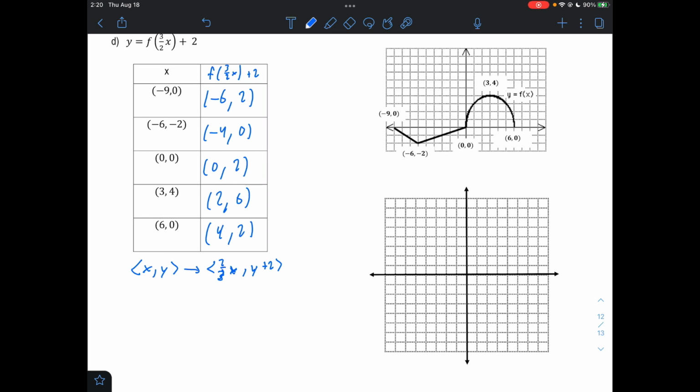So negative 6, 2, negative 4, 0, 0, 2, 2, 6, and 4, 2. And there we have it. You can see that it is horizontally compressed a little bit and moved up 2.